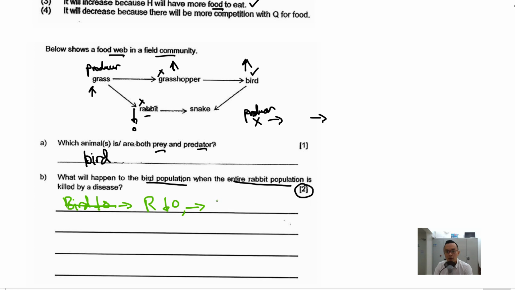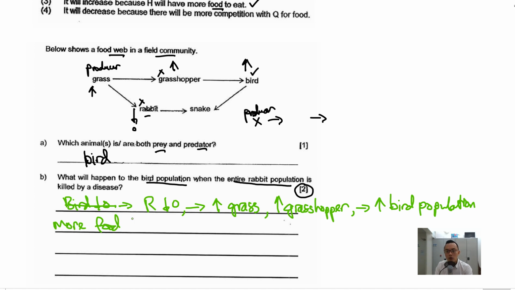That will give you an increase in the grass population, and because there's an increase in the grass population, there will be an increase in the grasshopper population, which will also lead to an increase in the bird population, because there is more food for the grasshopper and birds. Okay, so that's how you need to answer this question.